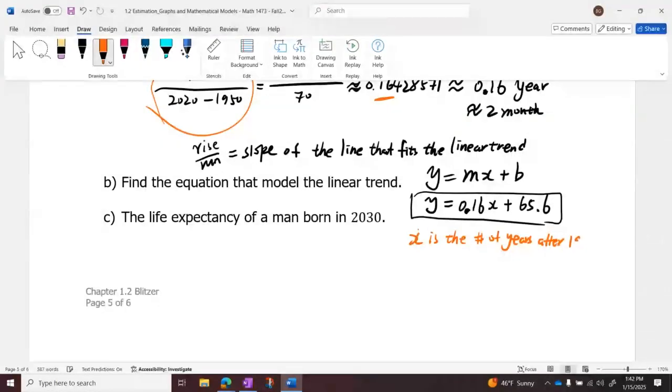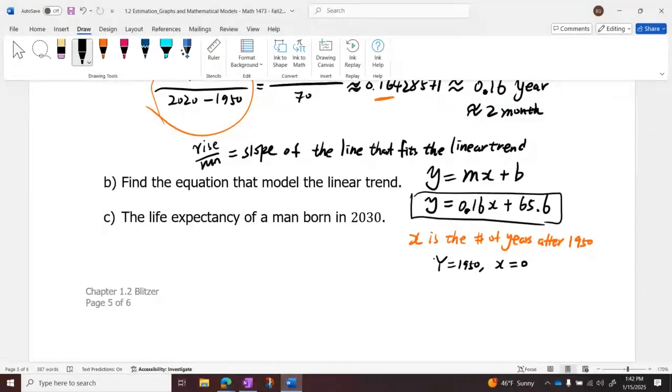Okay, x is not a specific year. X here is the number of years after 1950. So when the year is 1950, x is 0, right? X equals 0, because in 1950, the number of years after 1950 is just 0.